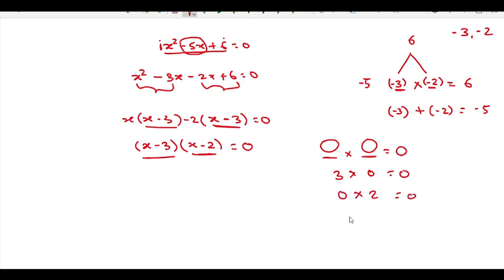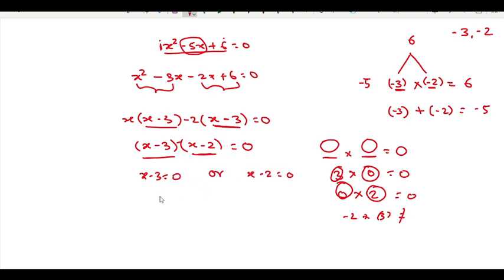If you take two non-zero numbers, suppose minus 2 and 3, will you get 0? No. We will get the product of two numbers as 0 only when either of the two numbers is 0. At least one should be 0. So the product of these two numbers is 0, which means either x minus 3 is equal to 0 or x minus 2 is equal to 0.